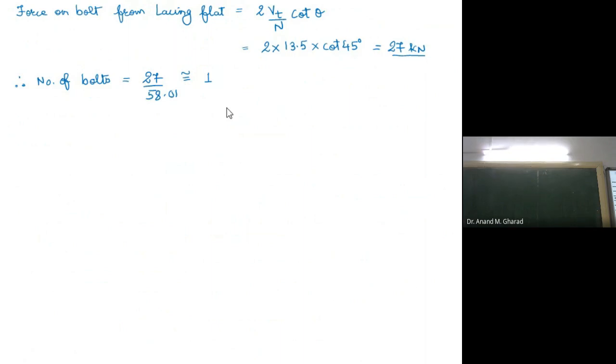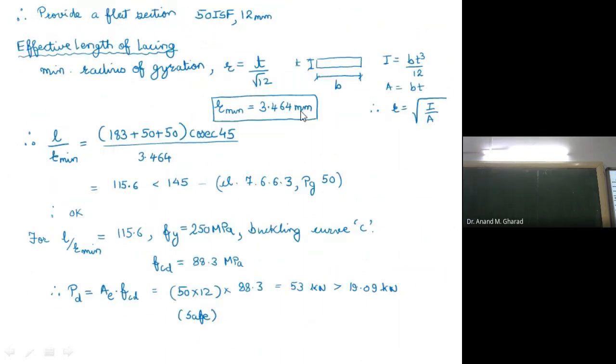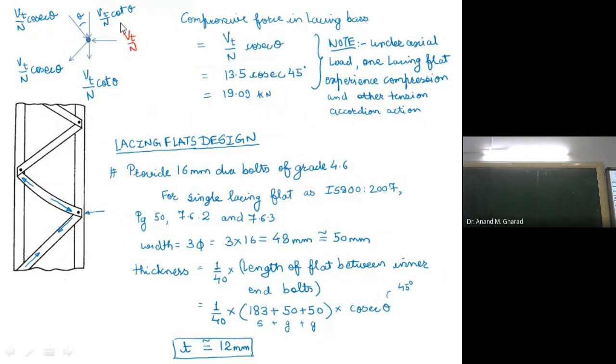But before that, you are supposed to calculate force on the bolt from the lacing flat, because that bolt will be experiencing some sort of force, which I have written as 2 times Vt by n cot theta. So in order to understand this concept, this figure has to be referred. देखो यहाँ पे क्या हो रहा है?